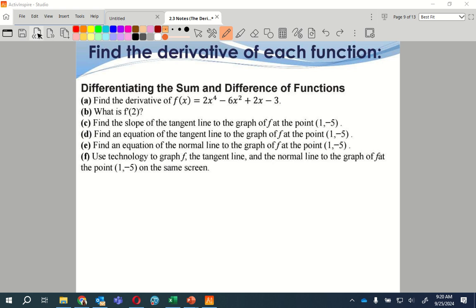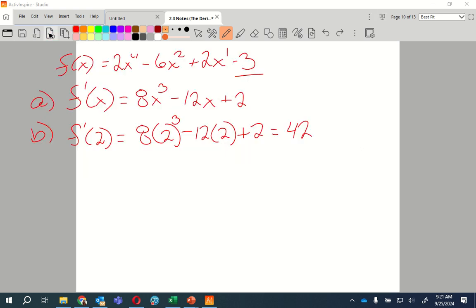Find the slope of the tangent line to the graph at the point (1, negative 5). So it's basically saying slope at x equals 1. The coordinate they give us is (1, negative 5), but I don't need the negative 5, I don't need the y value to find the slope, I just need the x value.